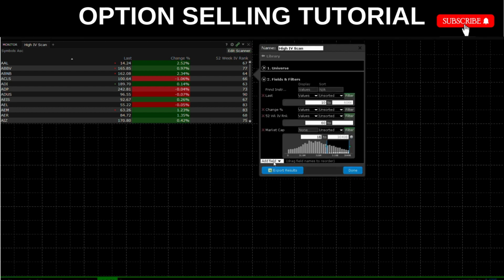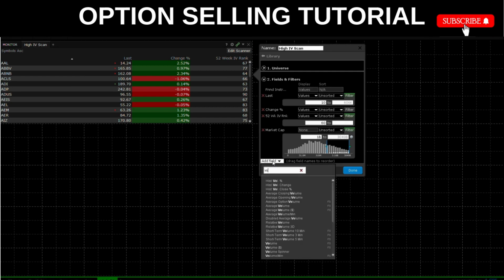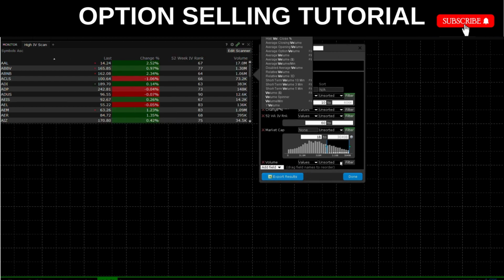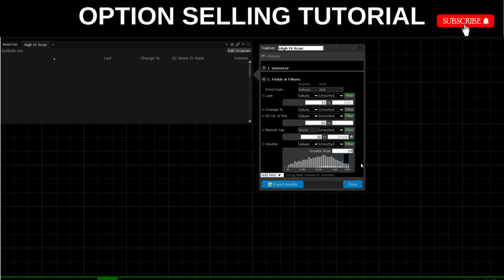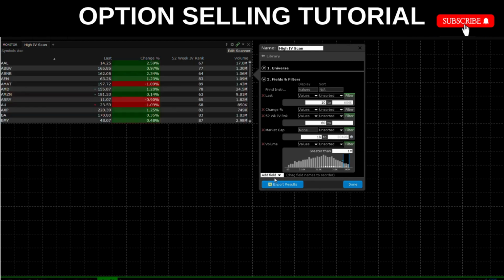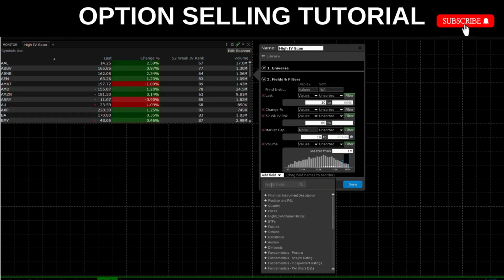So here we have volume. We say volume greater than 1 million. That's very small. I also add option volume, not just the volume but also the option volume.